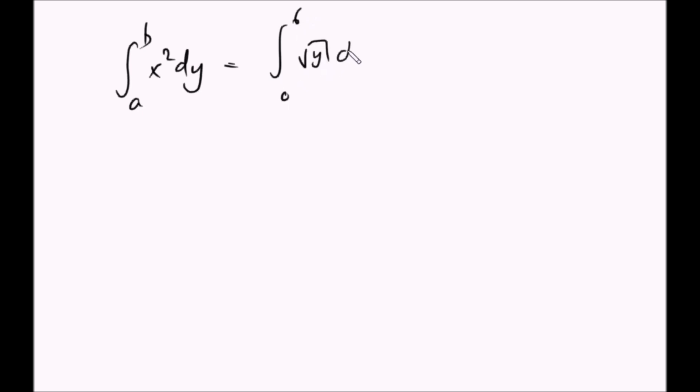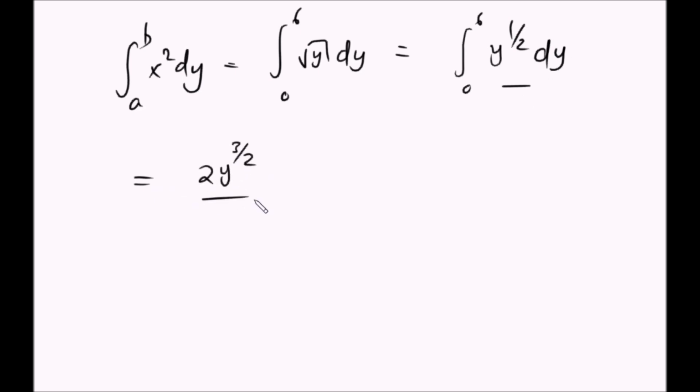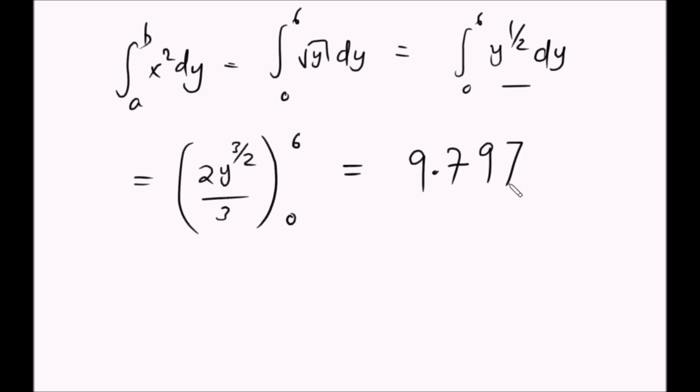So let me solve that one. Kwa hiyo ab x squared dy tumesema sana from 0 to 6 square root of y dy. So hii ni from 0 to 6 square root of y ni y power half dy. So nikiintegrate y power half nakuja kupata nini? Y power 3 over 2 times 2 over 3 from 0 to what? To 6. So if you use your calculator there, ukiingiza limits of integration, utakuja kupata ni sawasawa na 9.797. Kwa hiyo ndio ya chini.